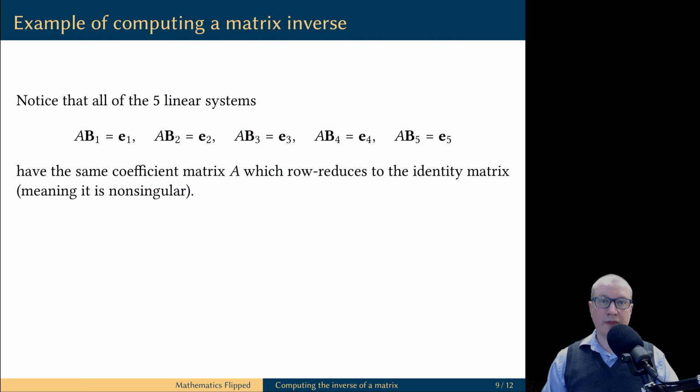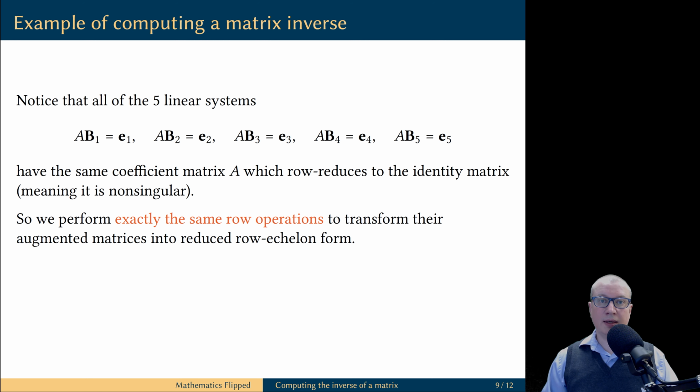Let's recall that all these 5 linear systems have the same coefficient matrix. Moreover, during those 5 reductions, you saw that this coefficient matrix A reduces to the identity matrix, which is a criterion for A to be non-singular. It means A is a non-singular matrix. And if you thought one step further, you would have realized that all these 5 reductions involved identical sequences of row operations.